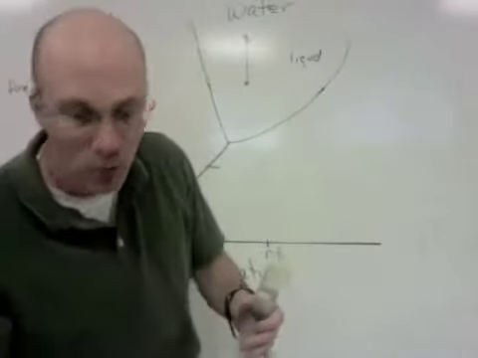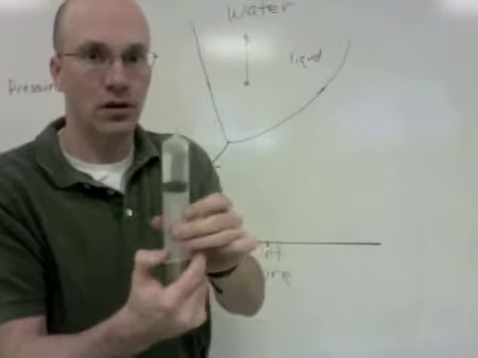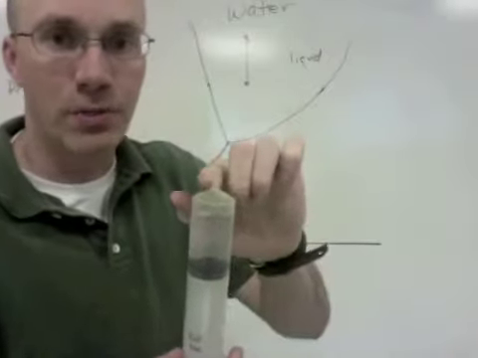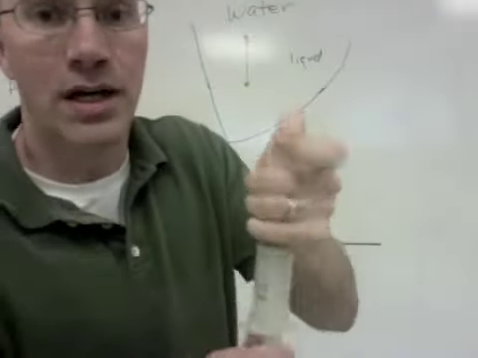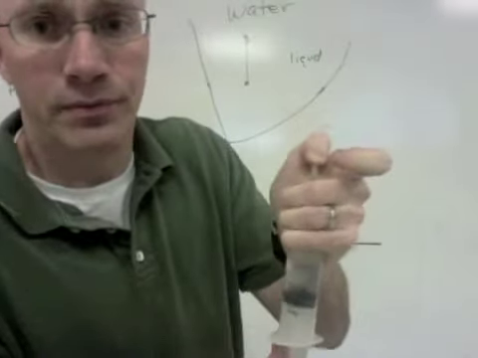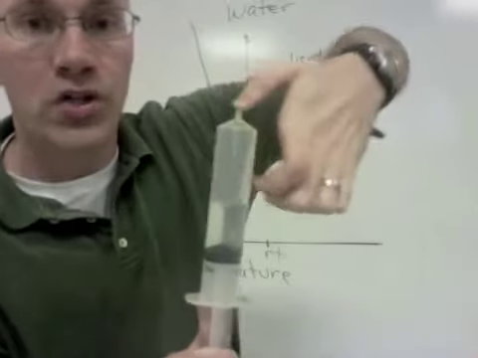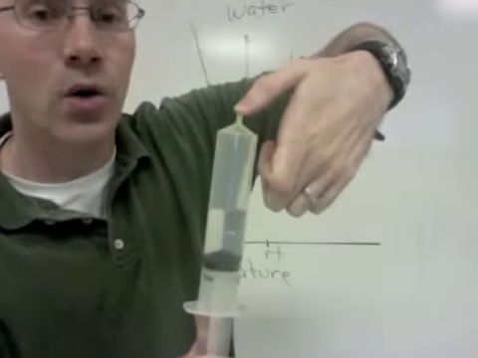So can this water be under a lower pressure? Certainly. The water now is under atmospheric pressure, we know that because this is not a sealed container. If I put my thumb over the top and I pull back on the syringe, we should expect that the pressure on top of the water is now at a lower pressure.